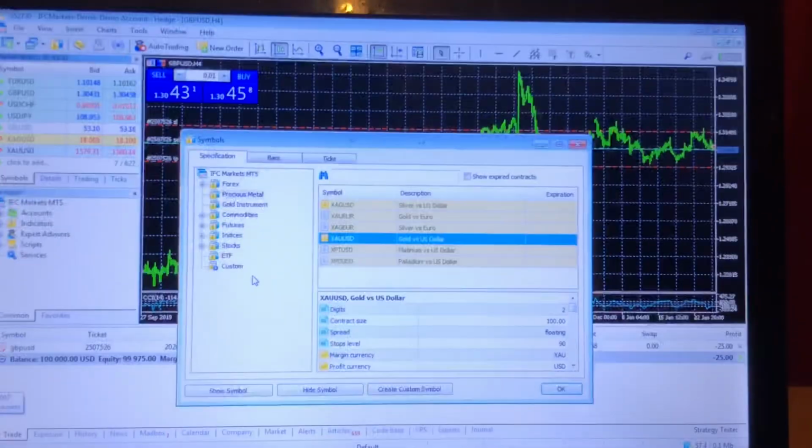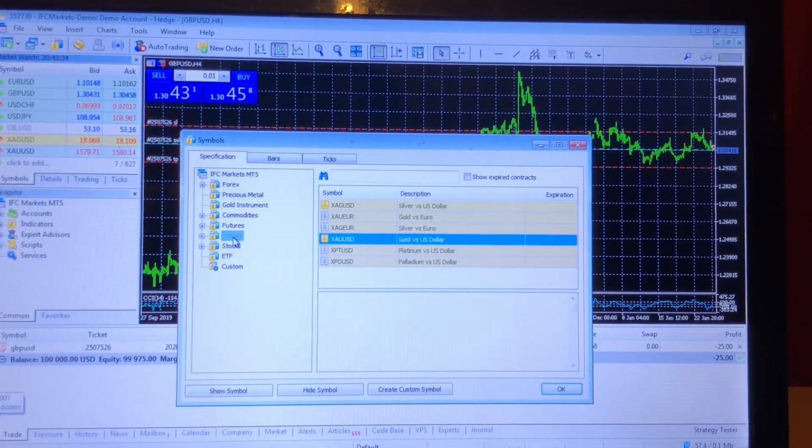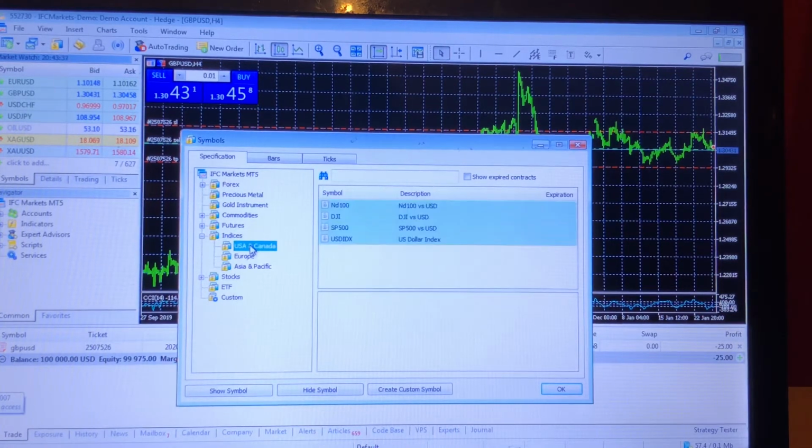So sorry for the delay there. I'm just telling you what I'm doing. I'm just actually picking what I actually trade. So S&P, Dow Jones.